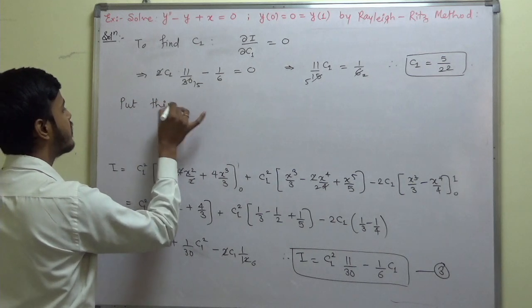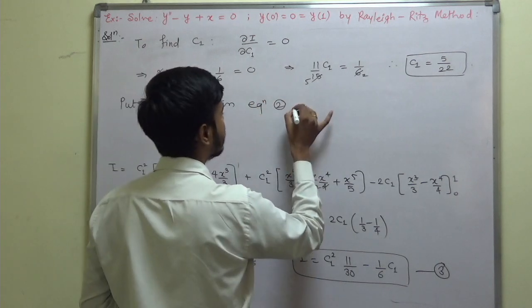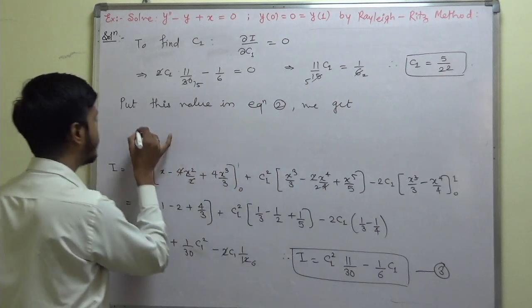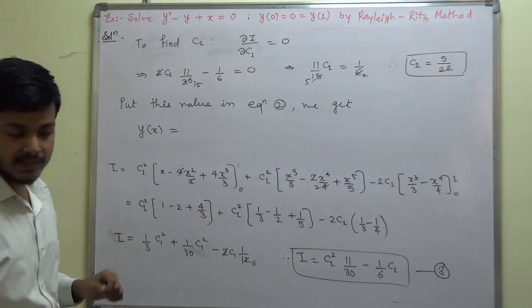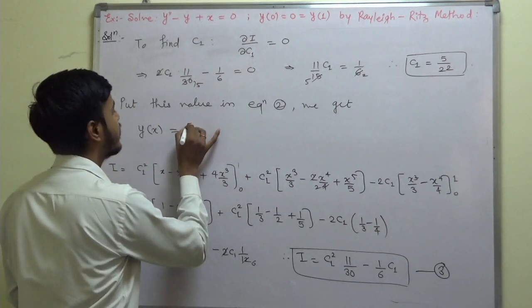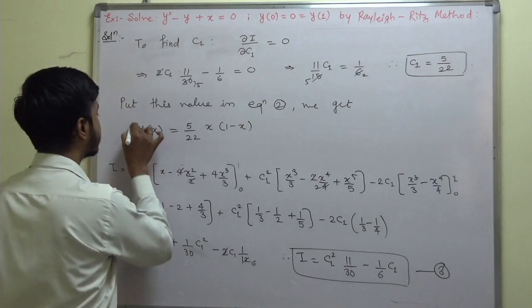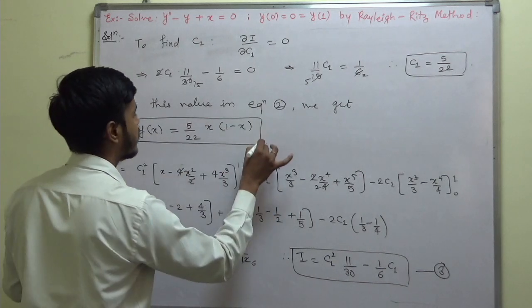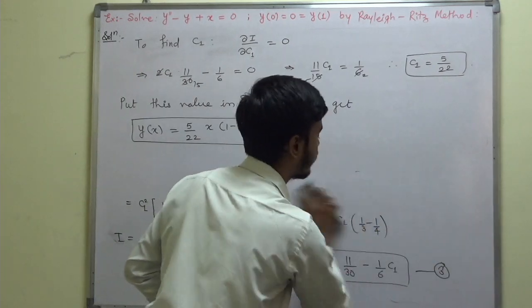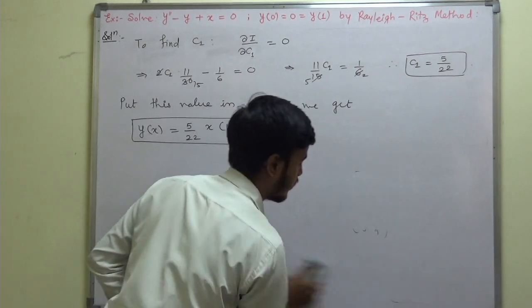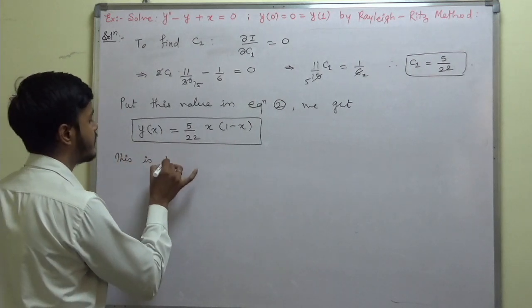We were having y of x as c1 x into 1 minus x, so y is 5 by 22 x into 1 minus x. This is the required solution.